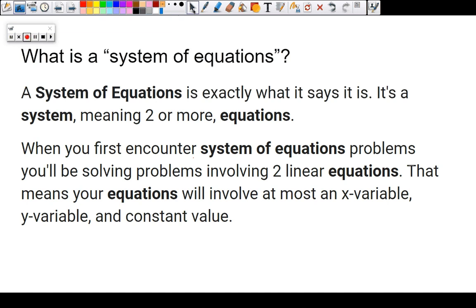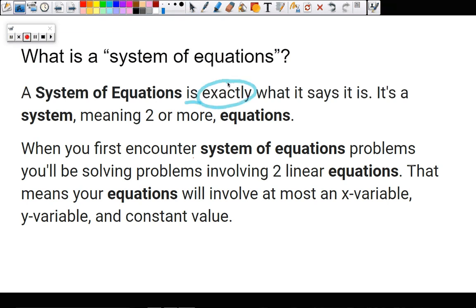So a system of equations is exactly what it is. It's a system, meaning two or more equations. Okay? We're going to do a lot of algebra in this unit for sure. Recalling a lot of skills that we learned from Algebra 1. When you first encounter a system of equations, it's in equations because it's two or more equations, just like it was mentioned.